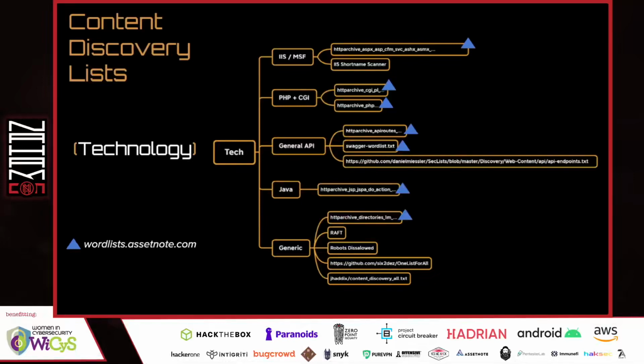And that list is about a year old, I think, and basically takes a couple of other lists, removes a lot of cruft in them, like junk numbers and stuff like that, and is a pretty good generic content discovery list. I also have one called Content Discovery All, which I have used to great success in my hunting. It does still have a lot of the cruft that has been removed in One List for All, but still I've had really good success with it. So every once in a while I choose to use it on a whim.